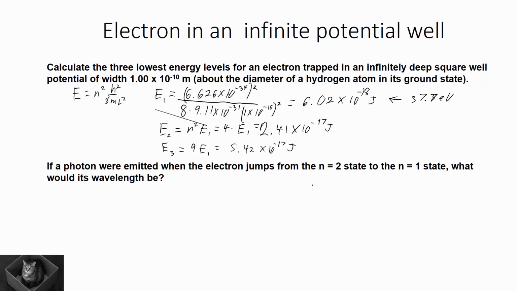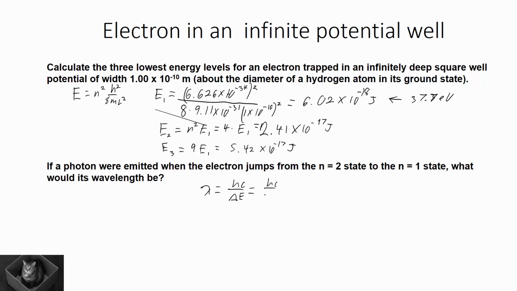Okay, and then we can also play the same game by saying that the particle can give off a photon in the transitions. So if we go from the n equals 2 state to the n equals 1 state, and we want to know the wavelength of the photon that is emitted, we basically do the same thing we did with the Bohr model. So we've got hc over energy, or the change in energy in this case from one level to the other.